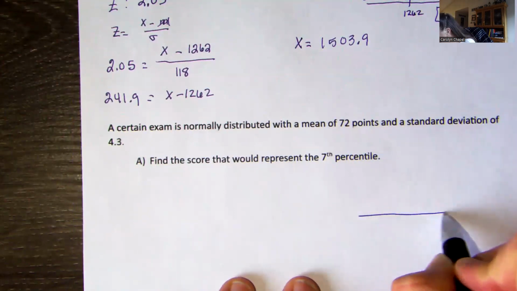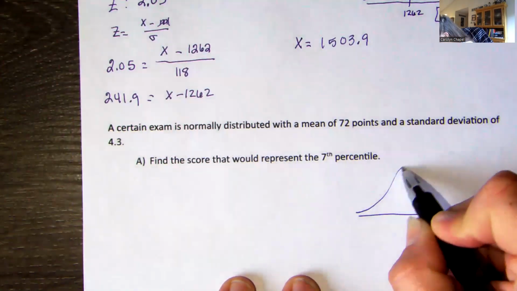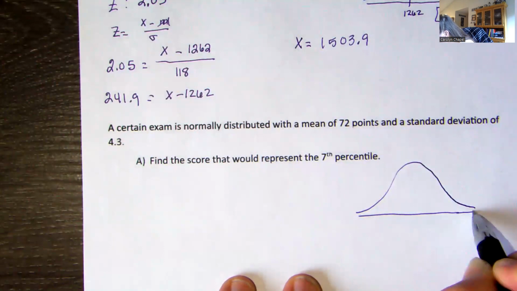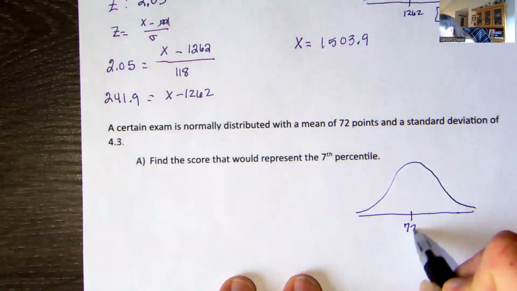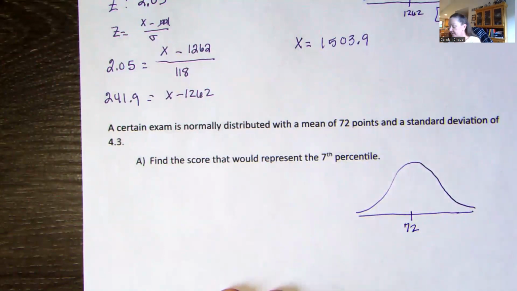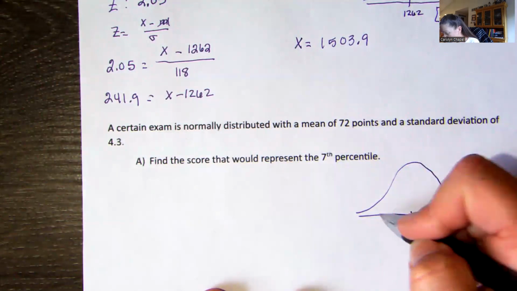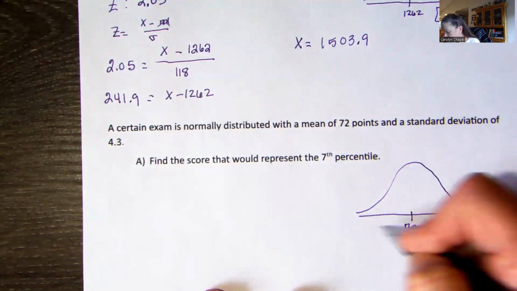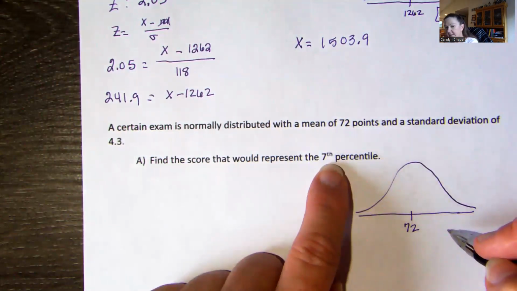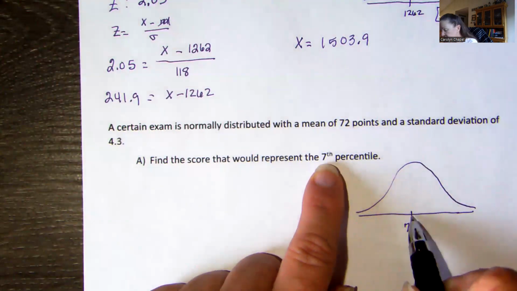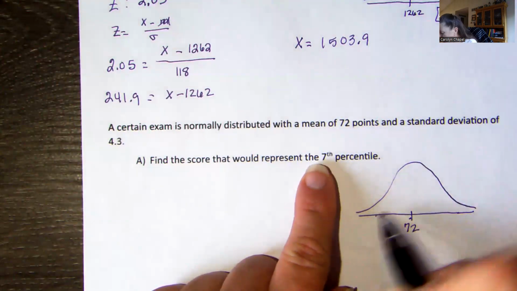So here we go, 7th percentile. Our mean is 72, so that's going to be smack dab in the middle. Standard deviation of 4.3. 7th percentile means we're looking for a score, so we're looking for a value on the main line. And the 7th percentile is a small piece. Remembering, here's our 50th. We're going to be on this side.